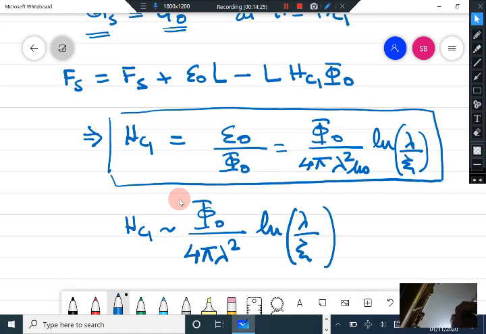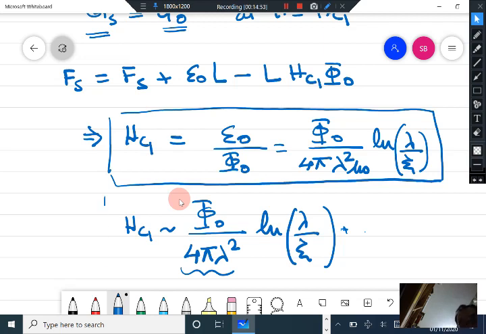If it is not in the extreme type 2 case, there are a few higher order corrections which we had seen earlier. They are basically of the order phi naught by lambda squared. The log of lambda by xi is the contribution, and the magnetostatic energy term can also contribute, so it will just add on to this expression.